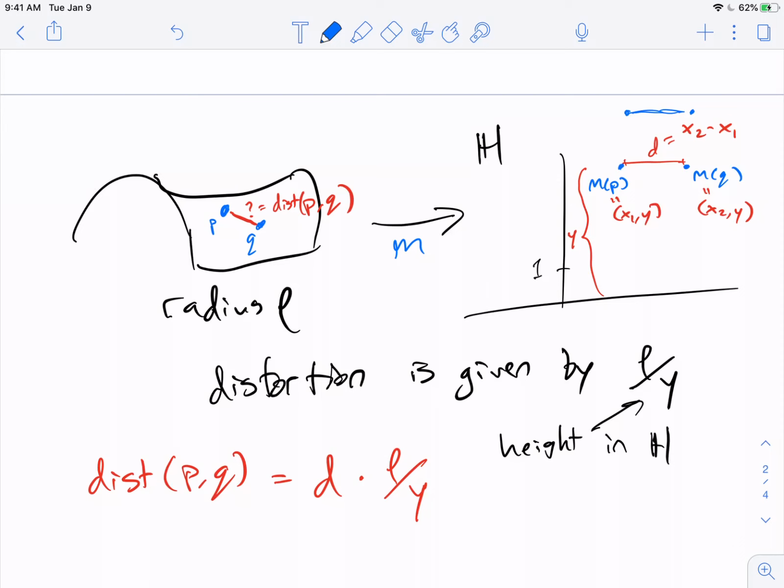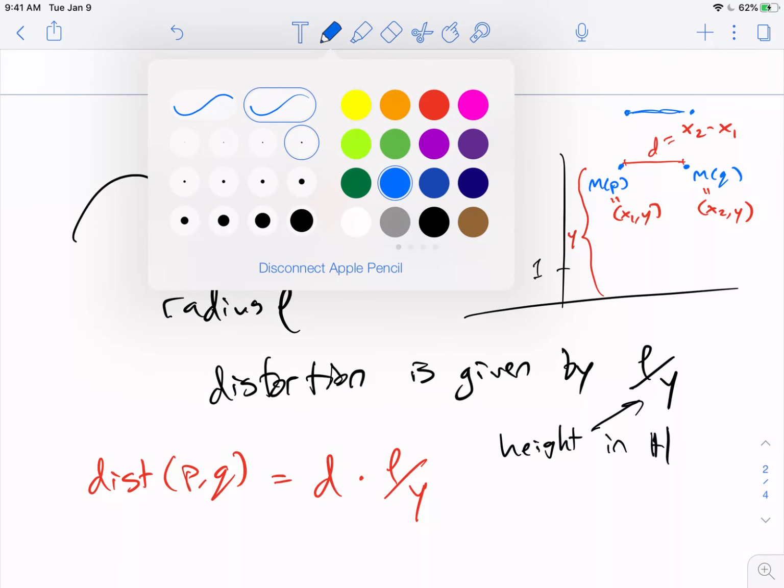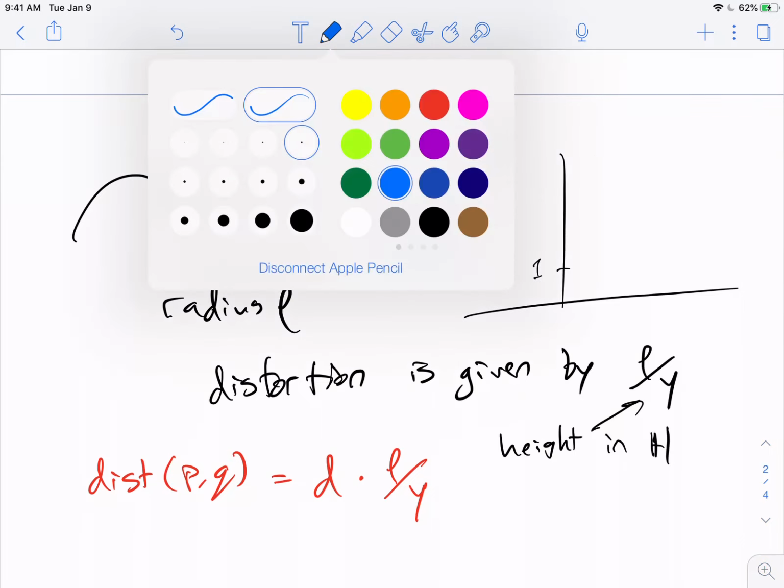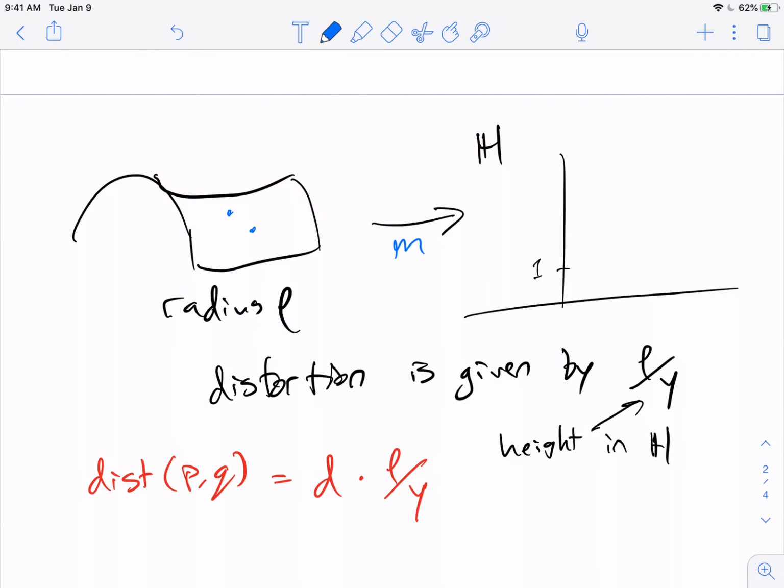One final thing I want to point out is if I have some points, say P and Q, which map to points of different height, I can't just measure this distance and then multiply by rho over y to calculate the hyperbolic distance between them, because the y value is different as I move along this path.